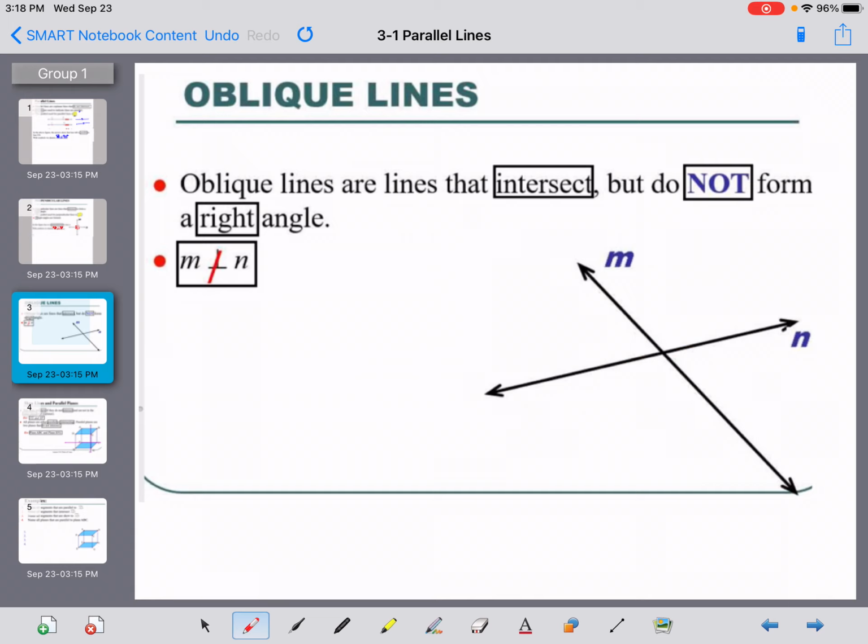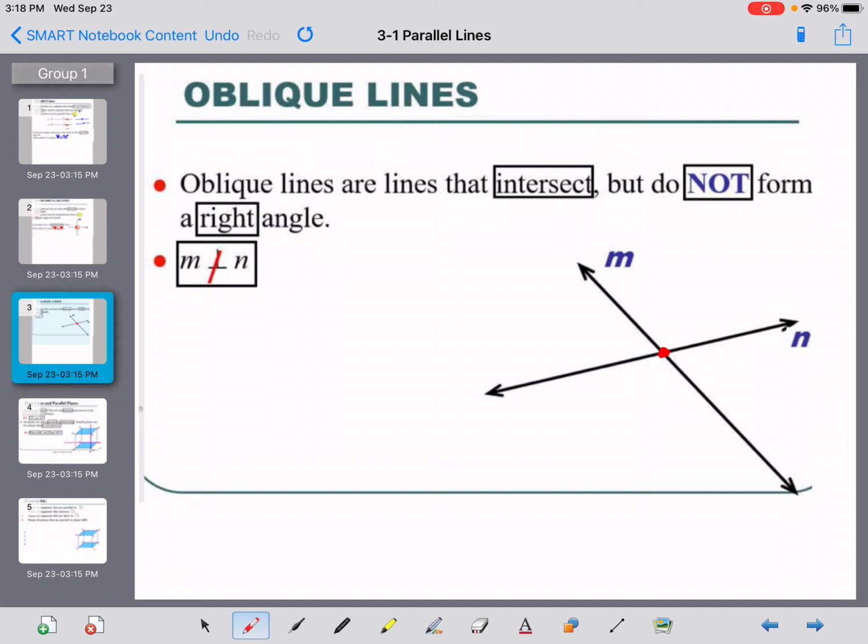Next, we've got oblique lines. Oblique lines are just some intersecting lines, but they do not form a right angle. Oblique lines have one point of intersection, and notice that around that point, it is not right angles.